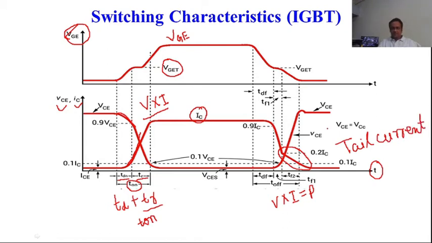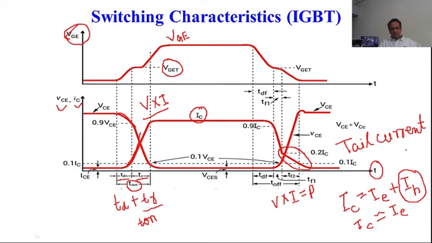Why? Because your collector current has two components, due to electrons plus holes. Although we consider IC as mostly the electron contribution, we also have some hole current, and that means there is a concept of minority charges.